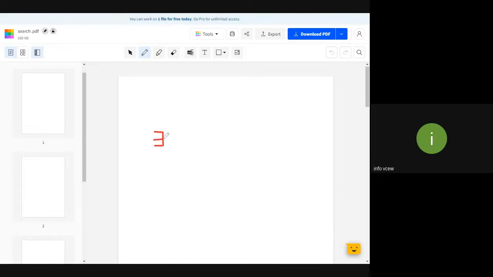So this symbol is the existential quantifier, is that no? This E represents the existential quantifier.